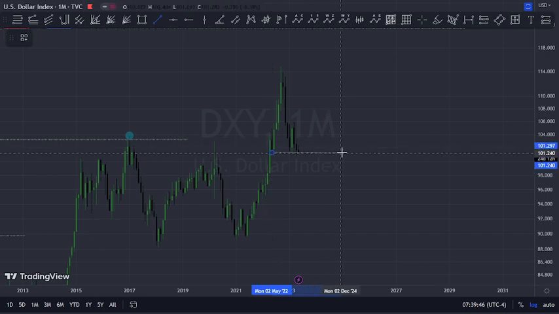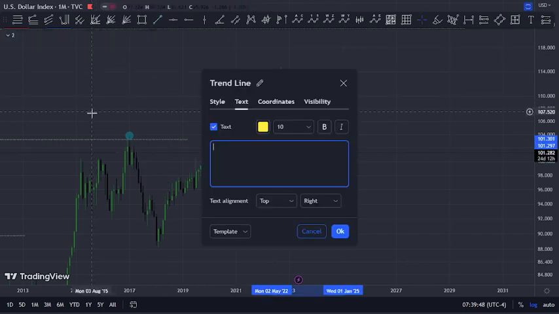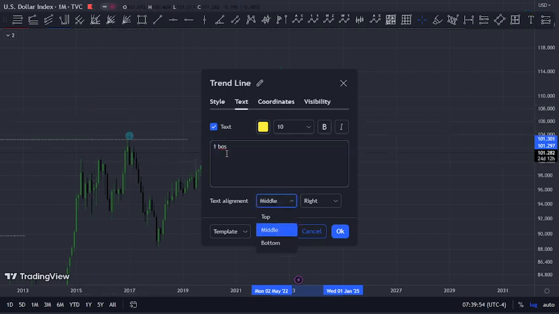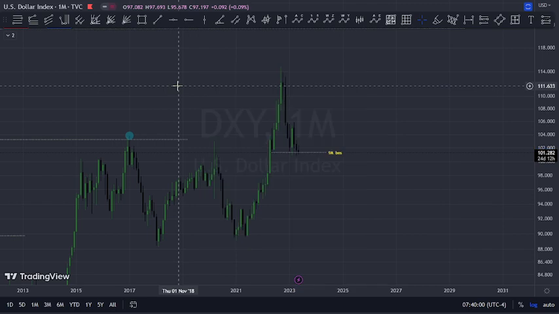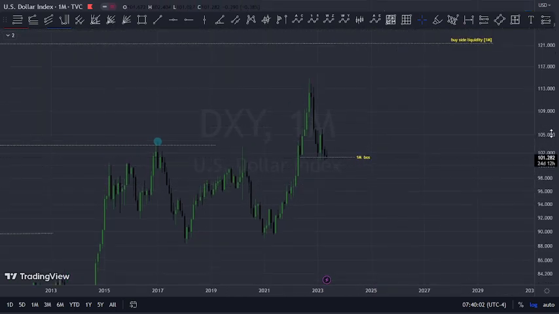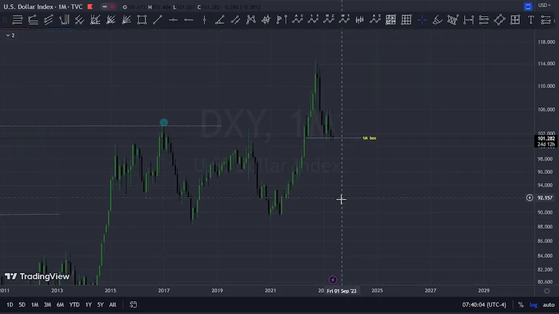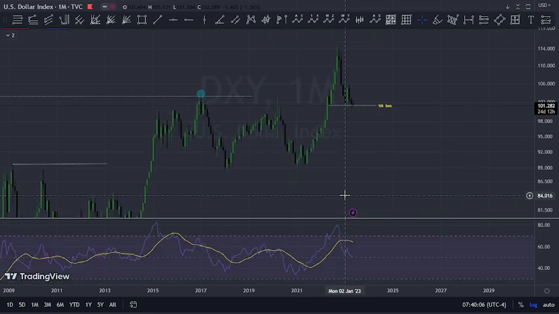And now where we are currently, we are sitting here, the breakout structure. This is 1 month of US, 1 month. Make it capital because I used to make it capital. Okay, so 1 month. So currently we are sitting there. Let me see the RSI.